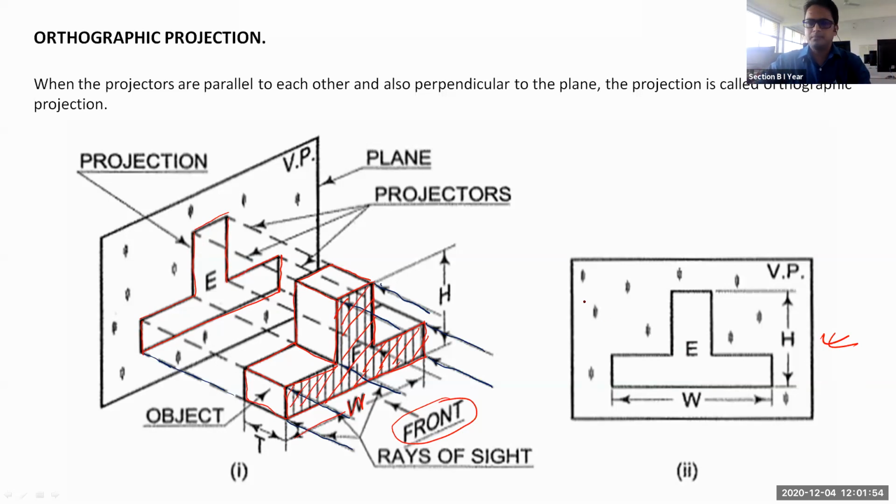Pay attention here. The dimension we are able to see is your W here.